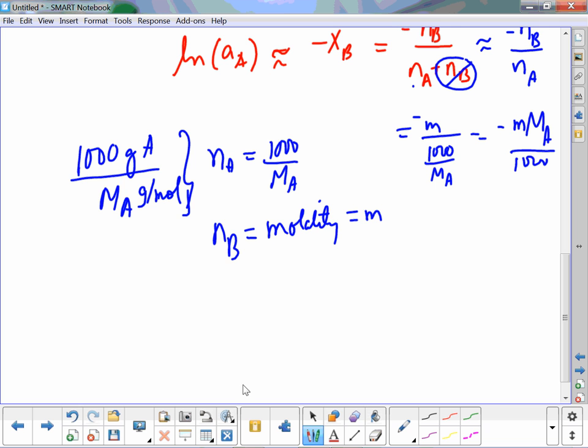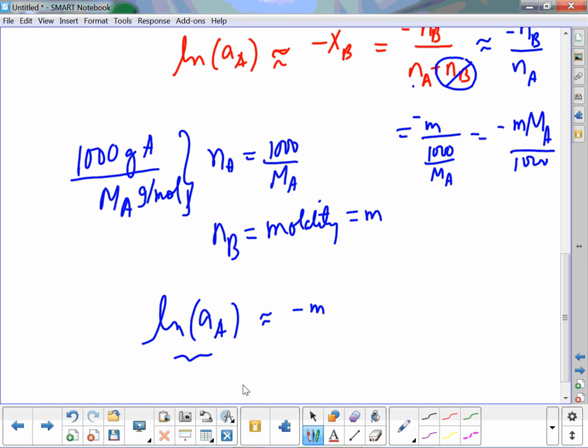So we say ln of activity of A is approximately equal to negative molality times molar mass of the solvent A over 1,000. We're just going to use numerical values here because mole fraction should really be a unitless quantity. And if you plug in units for molality and molar mass, you're going to get confused.